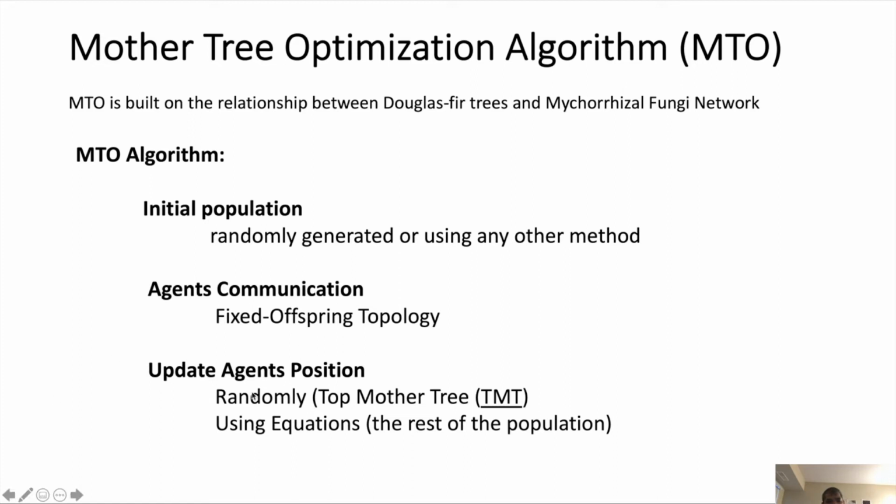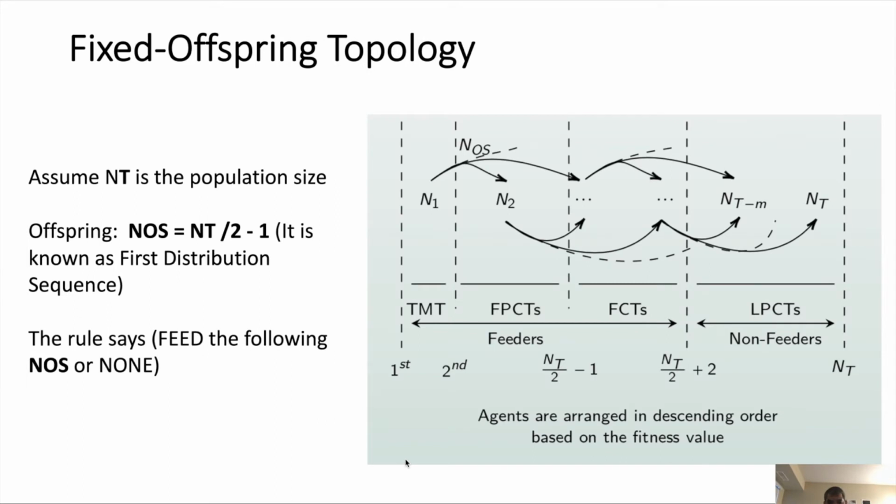We update the position in two different ways. The top mother tree, which is the best or global solution in the population, will update its position in a random way. However, the rest of the population will update their positions based on an equation that we are going to show very soon.